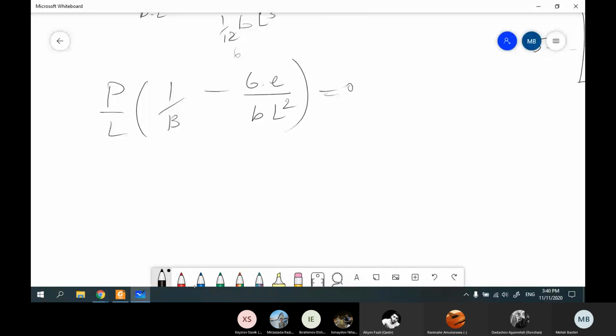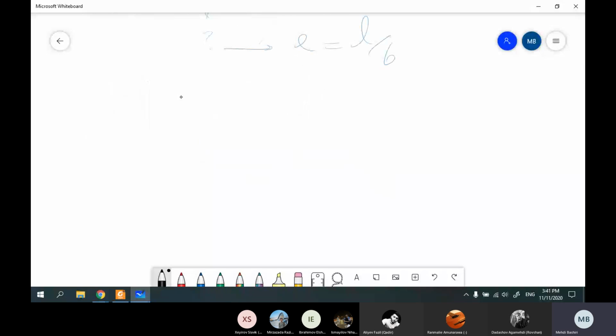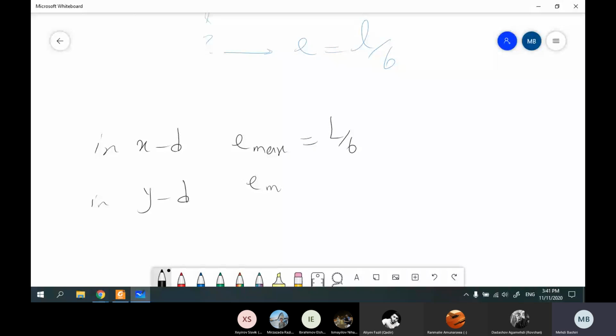B L. So this one should be 0. So e is equal to L over 6. So in the x direction, e max is L over 6. In the y direction, e max is B over 6.